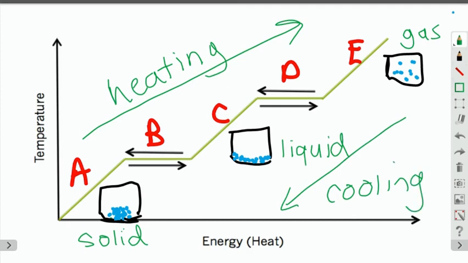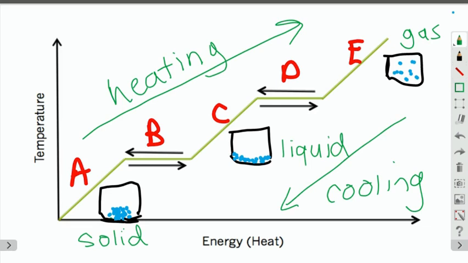That makes sense because going from a gas to a liquid, and from a liquid to a solid, you would be freezing something. You are getting colder and going towards the lower temperature.